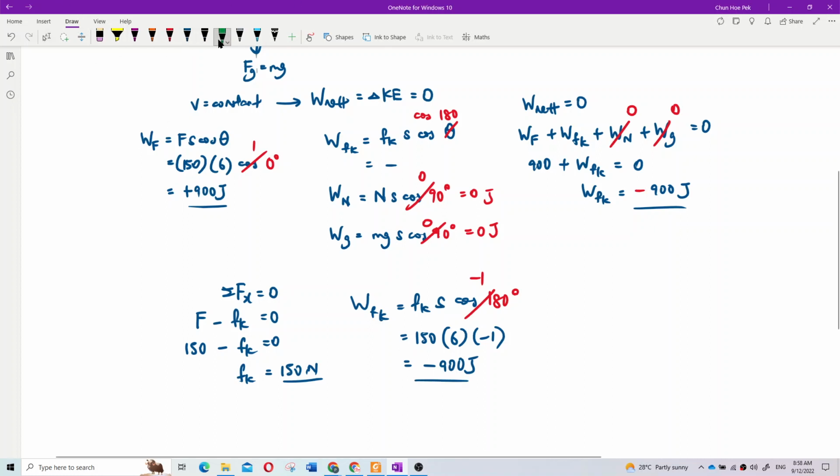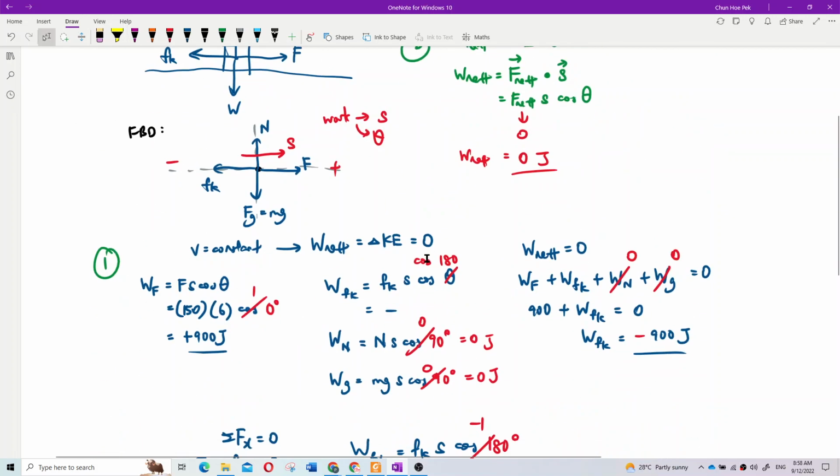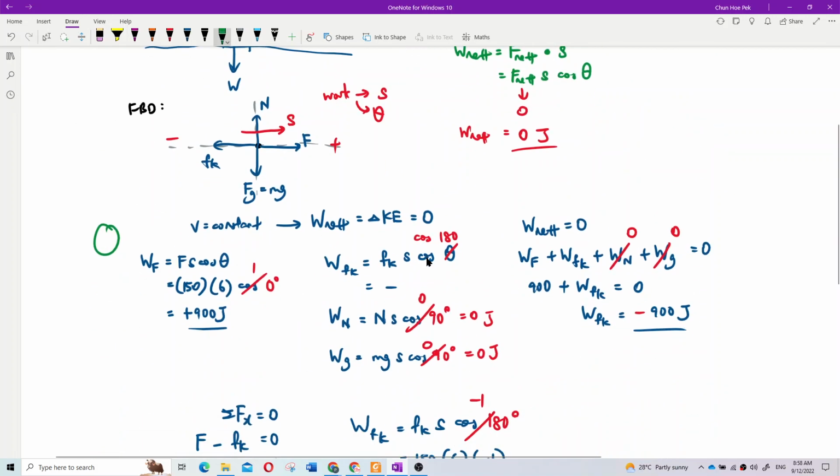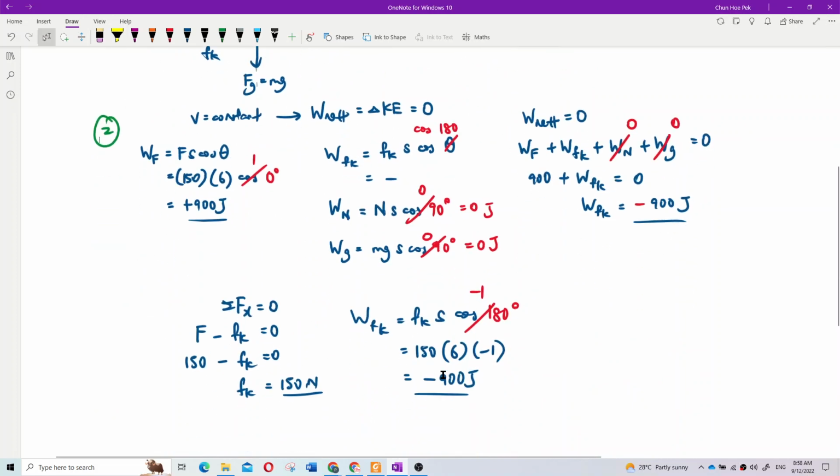This is the second method, and this is the first method. Either one also can. Which one is easy, you just choose. Understand, class? Sometimes the question you can only do using the first method, sometimes only using the second method.